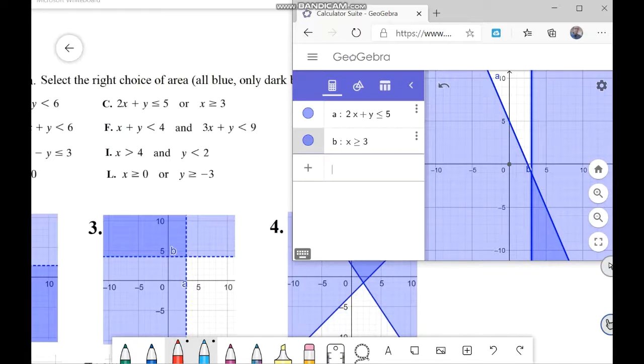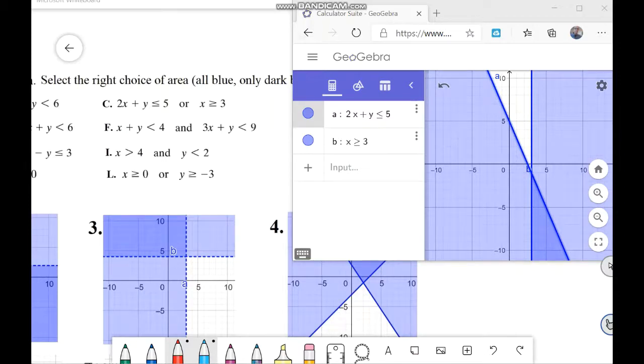Make sure you have on the y-axis 10 here on the top, negative 10 here on the bottom, and on the x-axis 10 here and negative 10, so you can compare with the options. It's easier to compare with the options. Adjust the settings by zooming in, zooming out, and moving a little bit. And this is the graph.